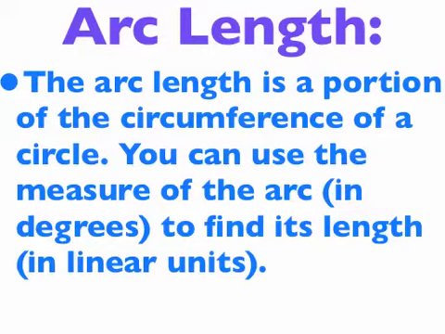Now, instead of an arc measure, which is 52 degrees, we're going to be able to say the arc length, which would be something like, for example, 5 inches. The arc would be 5 inches long.